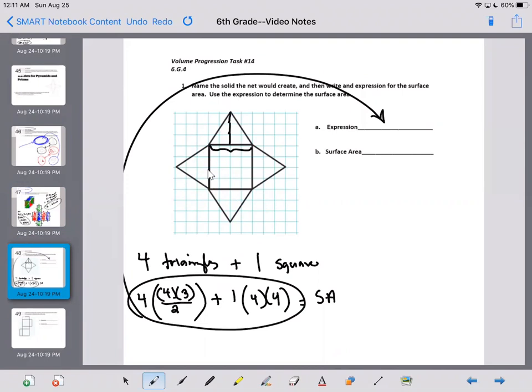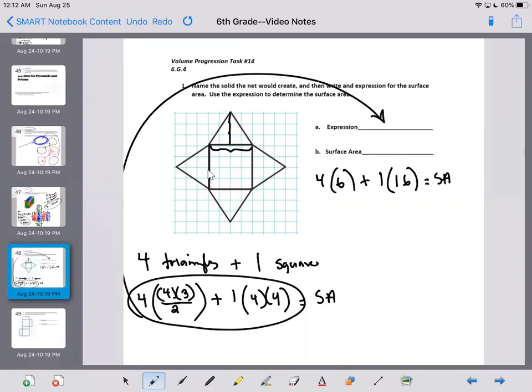So the surface area, to just calculate that, I'm working in the parentheses. So 4 times 3 is 12. 12 divided by 2, that's going to give me 6. So the area of each triangle would be 6, and there's 4 of them, plus 1 square of 16 square units.